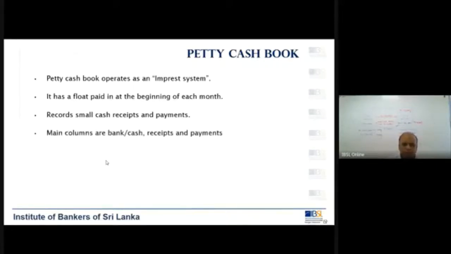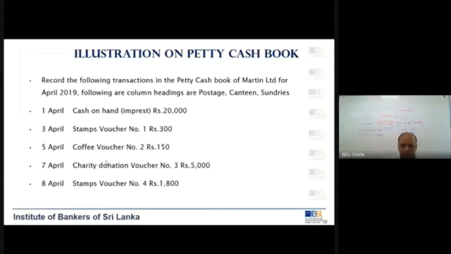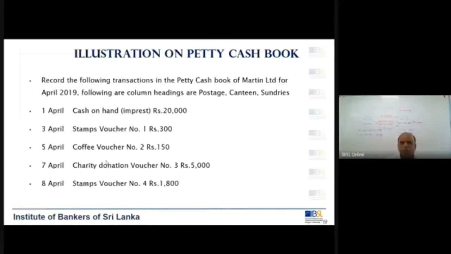Now, I'm not going into details of the main columns, because you will have a structure for this petty cash book, right? So when you look at the petty cash book structure, people will maintain it in different formats. That doesn't matter.